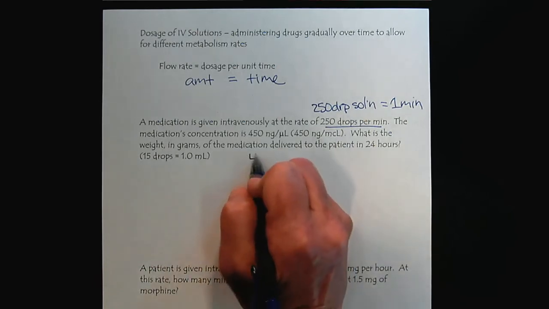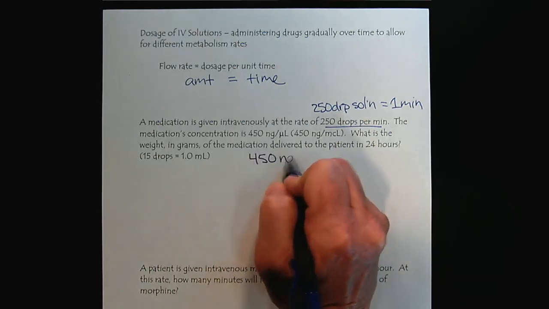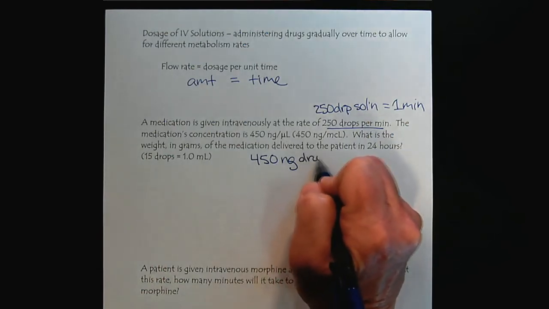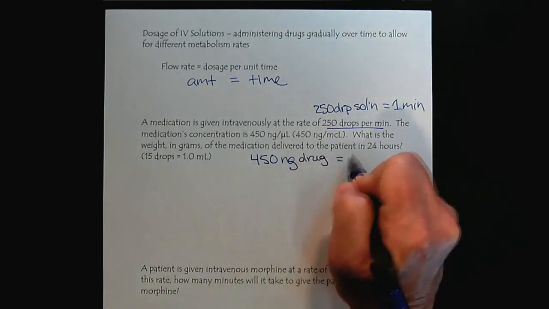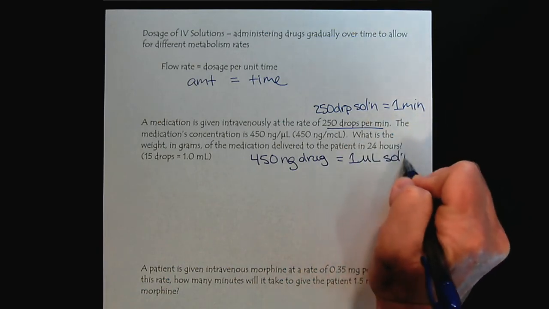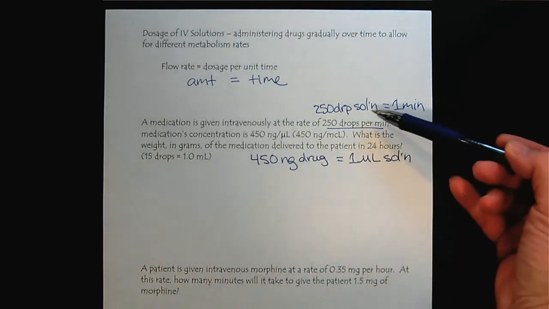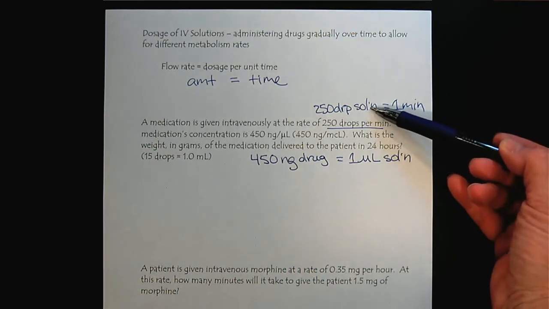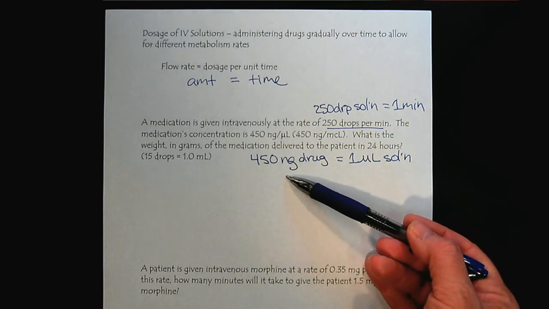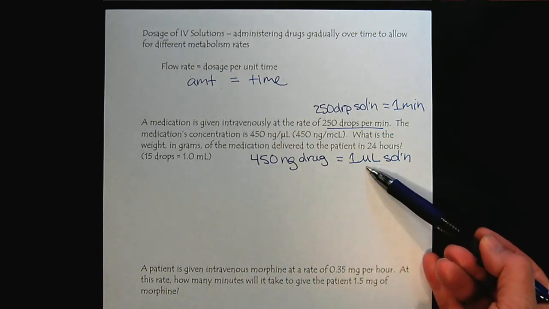Now we know a little more about the solution. There's 450 nanograms of the drug in every microliter of the solution. So you see the bridge here. We know the drop rate of the solution per minute, and now we know the concentration of the drug in the solution.